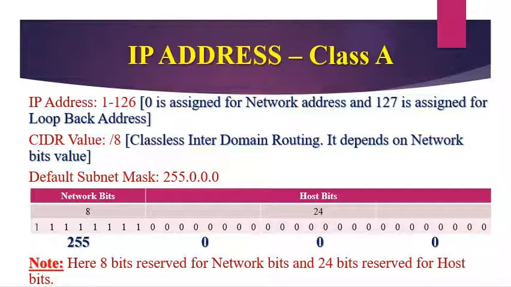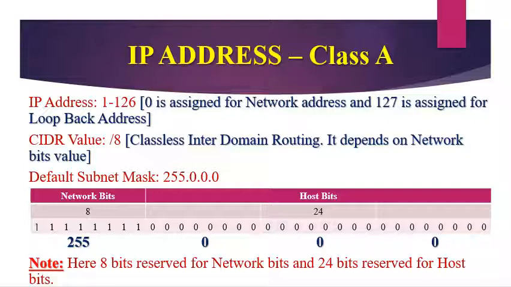So according to this, in class A, 0 is assigned for the network address and 127 is assigned for the broadcast address. For your information, a class A address should not start with the 0 series or the 127 series.